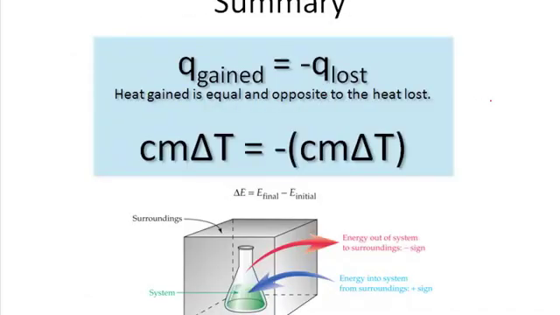In summary, in a system, or if you're dealing with substances that are connected, like a surroundings and a system, whatever is gained by a system or surroundings is also lost by the system or surroundings. So for example, if you take a hot cup of coffee and you put it out in room temperature, well, what happens?